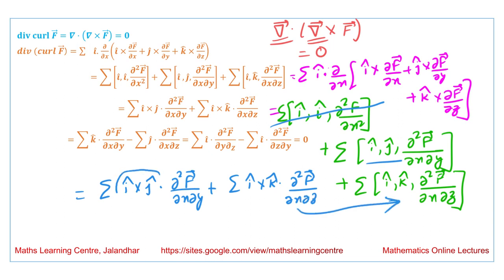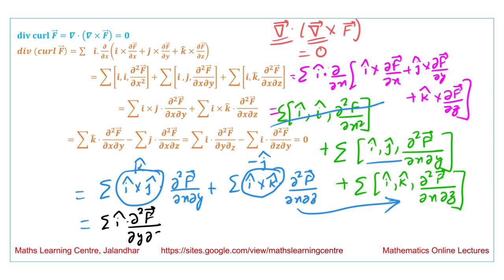Now i cross j we know is k cap, and i cross k is minus j cap. So we can write the answer in the form sigma i cap dot ∂²f vector/∂y∂z minus sigma i cap dot ∂²f vector/∂z∂y.